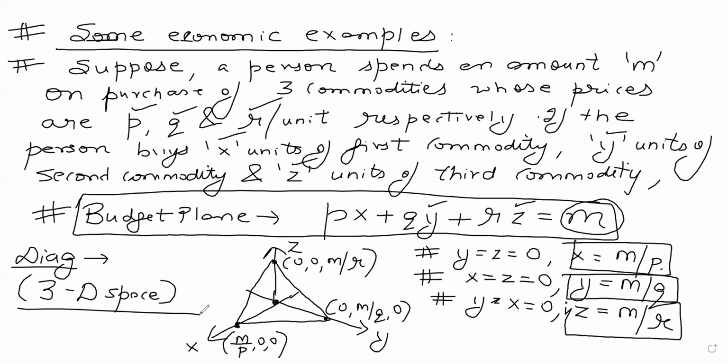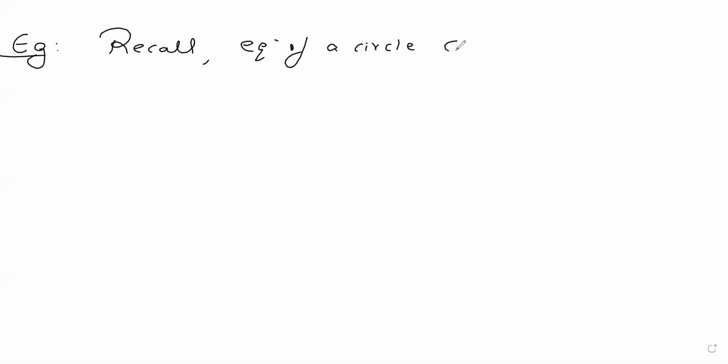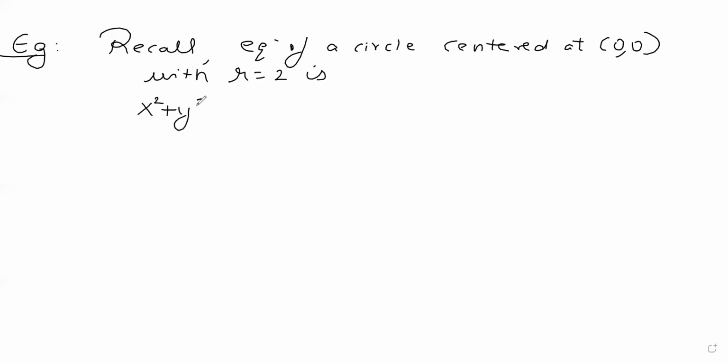Okay, similarly, I can take another example. Example 2. Now recall, what is the equation of a circle? The equation of a circle centered at 0, 0 with radius equal to 2 is x square plus y square equal to 4.